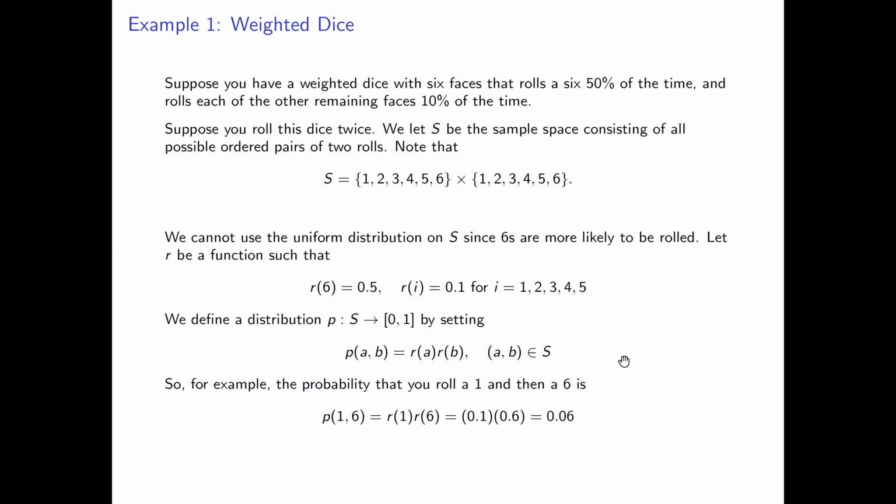For example, if you consider the event where you roll a 1 and then a 6, the probability is R of 1 times R of 6, the probability of rolling 1 times the probability of rolling 6, which you can calculate as 6%.